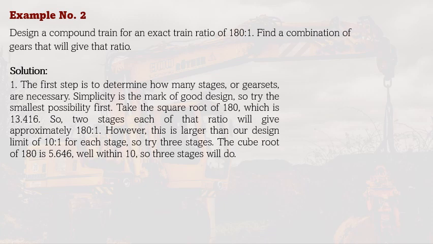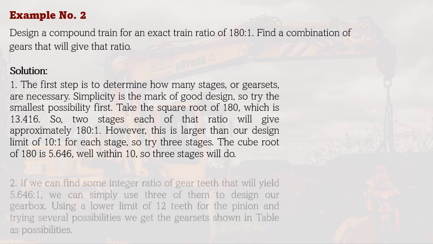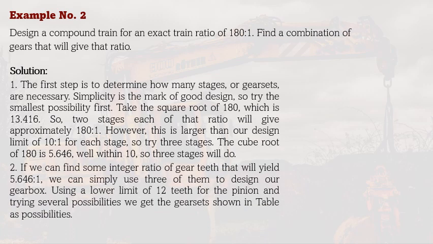As you can see, this is already below the 10:1 requirement. So 3 stages will do. If you can find some integer ratio of gear teeth that will yield 5.646:1, we can simply use 3 of them to design our gearbox.